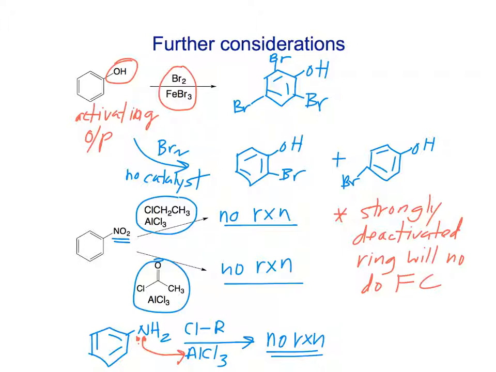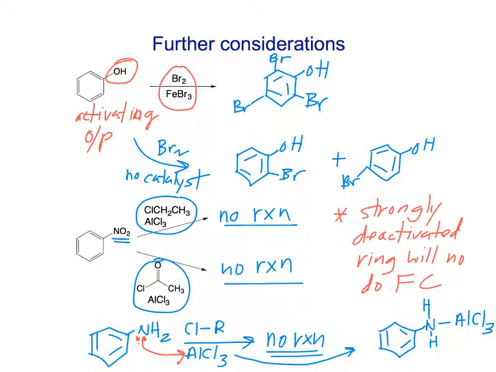And if we do that, let's draw out what we would get. We get this product of this Lewis acid, Lewis base reaction. We'd have the aluminum trichloride onto here.